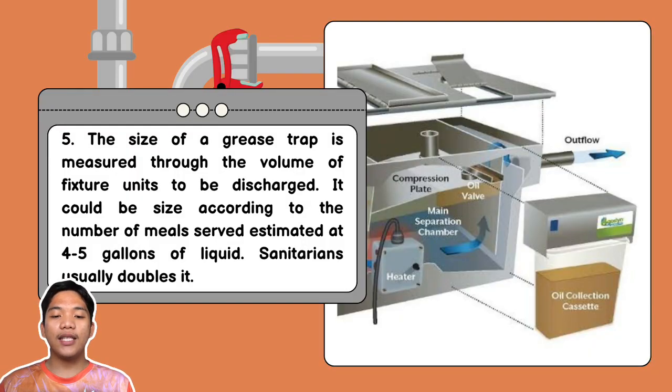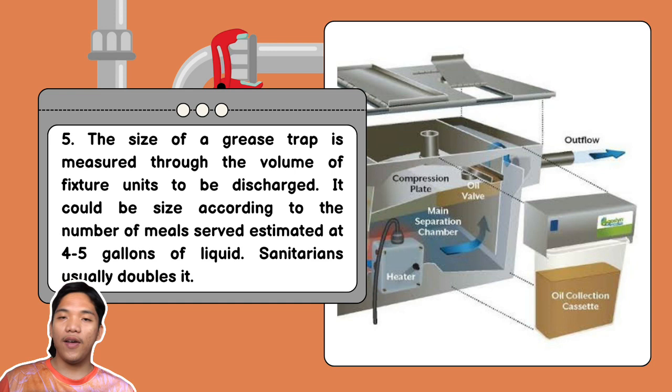Number 5. The size of a grease trap is measured through the volume of fixture it needs to discharge. It can be sized according to the number of meals served, estimated to 4 to 5 gallons of liquid capacity for each meal. Experienced sanitarians estimate double the actual volume of wastewater which the trap will serve. So, yun nga sinasabi ko kanina, again, na if you are an owner of a restaurant or a fast food chain that always uses the fats or oils, kailangan talaga is malakihang sizes na yung gagamitin mong grease trap para hindi ka mahirapan.